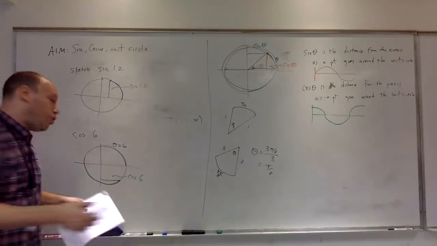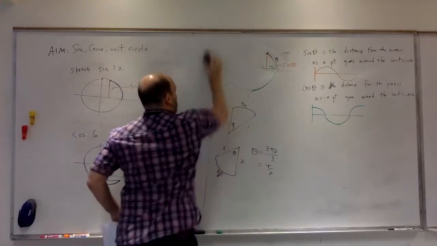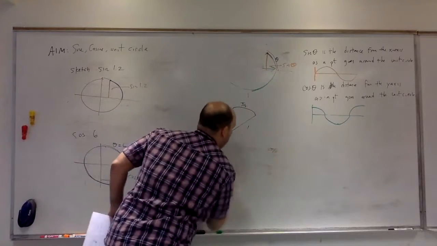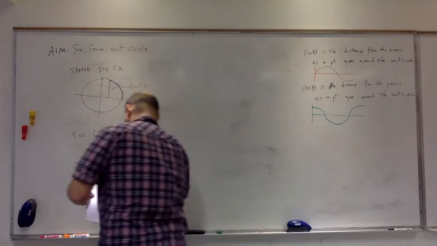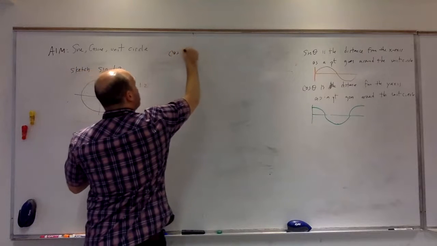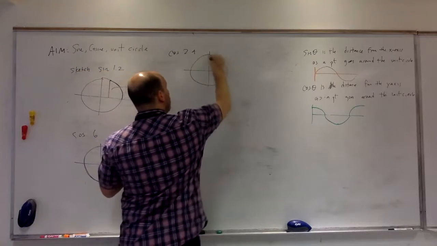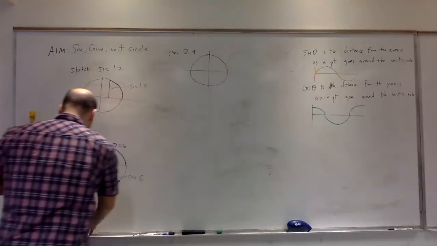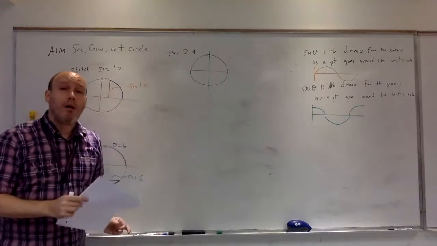Last one, cosine of 2.4. Let's see, cosine of 2.4. Fine, same thing. You draw a circle, right? And you say, what is the rotation that represents 2.4?